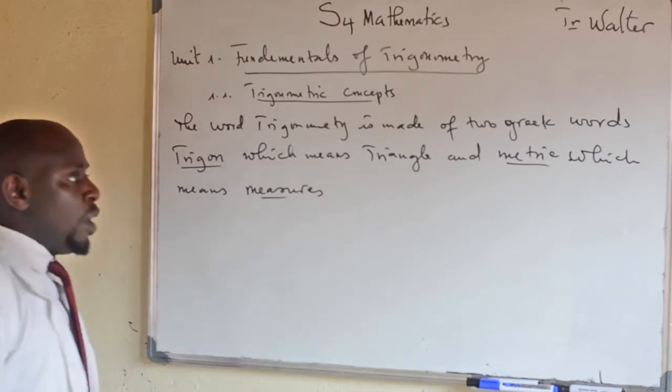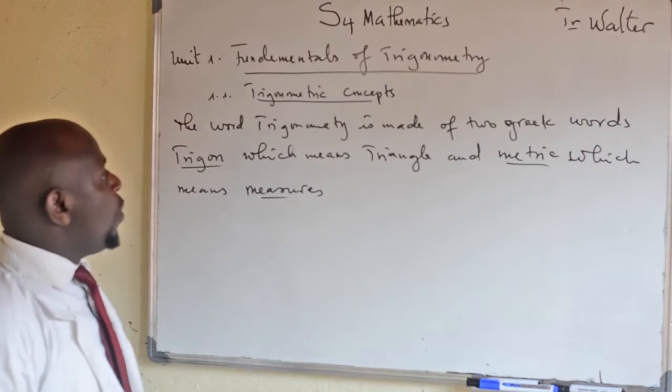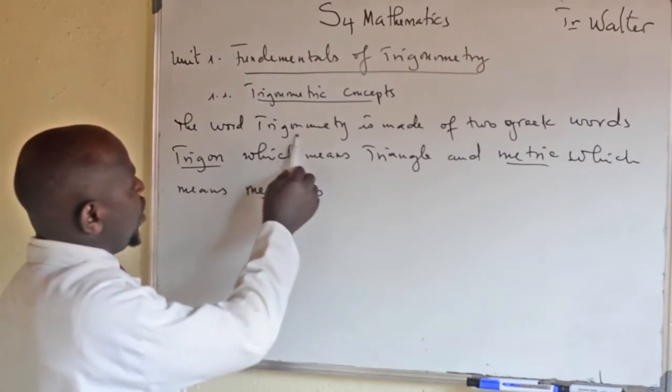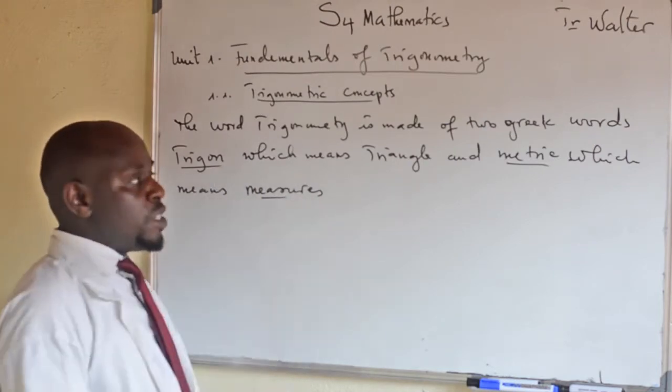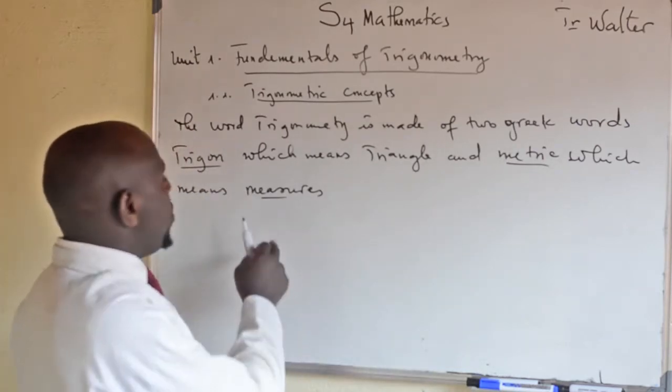So we have two words that make up the word trigonometry. Number one is trigon, which means triangle, and then we have metric, which means measures.